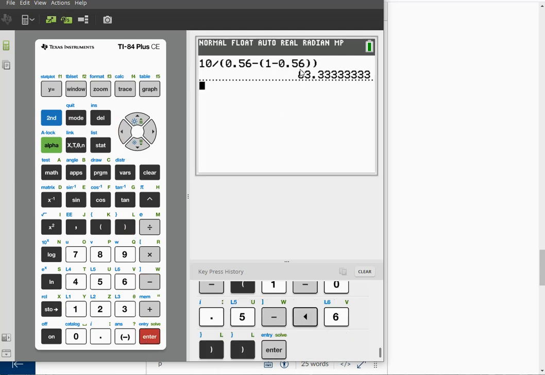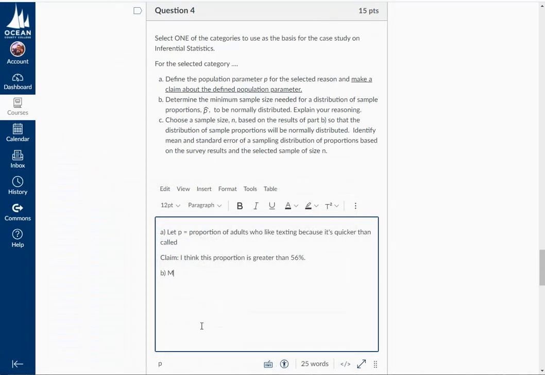This would be my minimum sample size needed, 83. It's really 83.3333, so 84 for the sampling distribution of p hat to be normal.